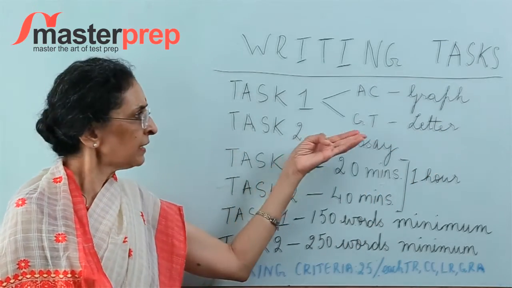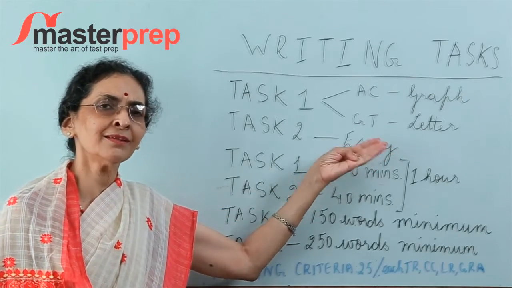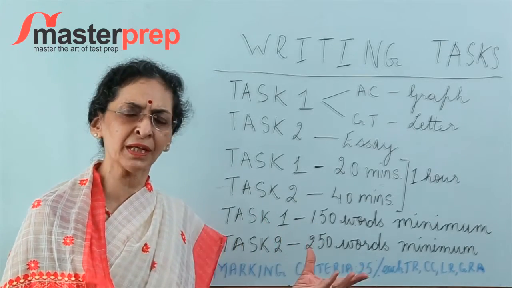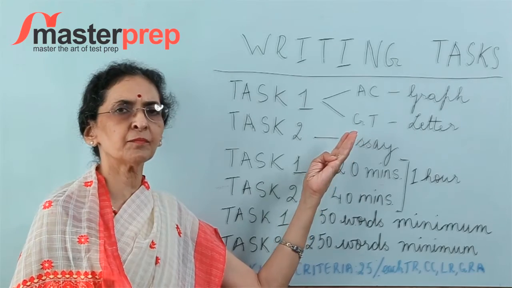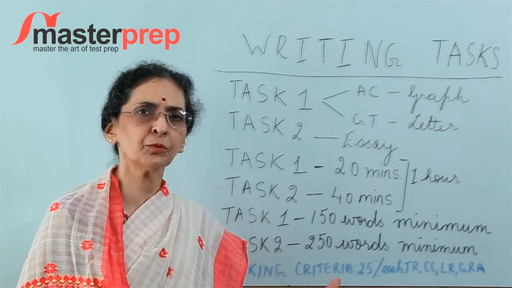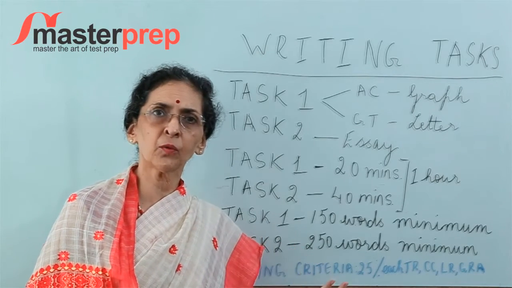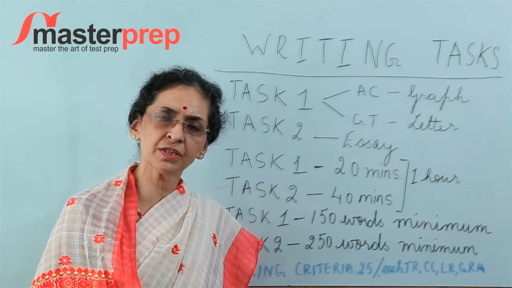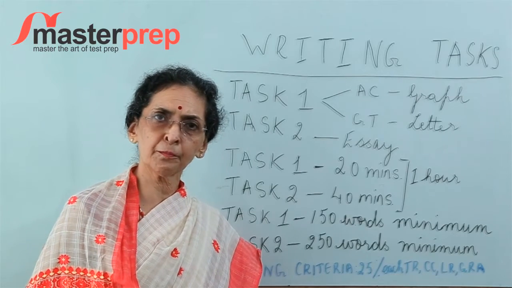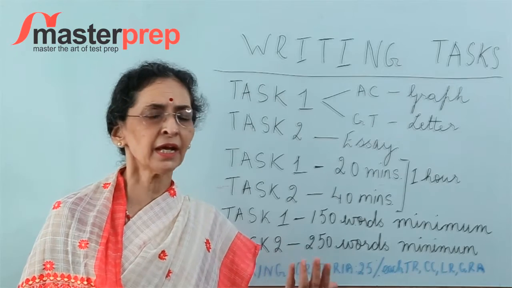Task 2 requires an essay in both the academic and the general training modules. There is a slight difference in the topic that you might get for the academic and for the general training module, but the pattern for both is the same. It's generally an essay in which you might be required to discuss the advantages and disadvantages of a particular issue, or a problem solution essay in which some problems are presented about maybe any topical issue.